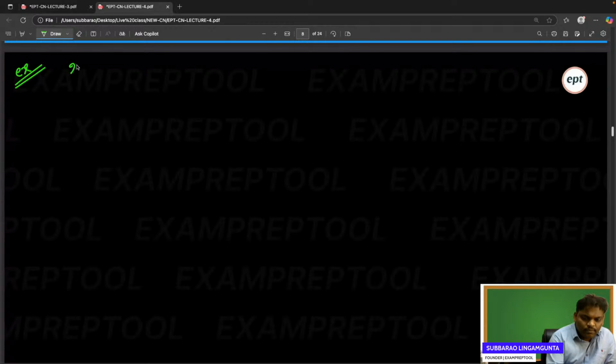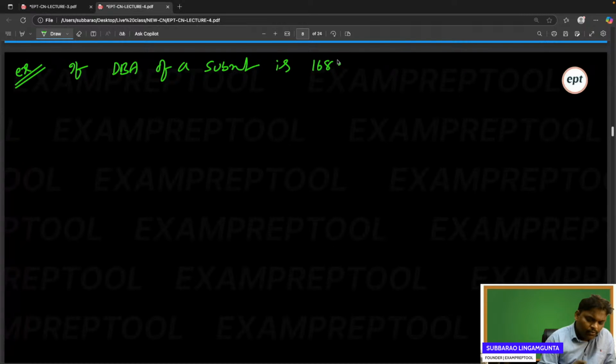Let's check. If DBA of a subnet is, say, similar kind of problem I'm giving. Let's check how many people will give. 168.17.7.255.